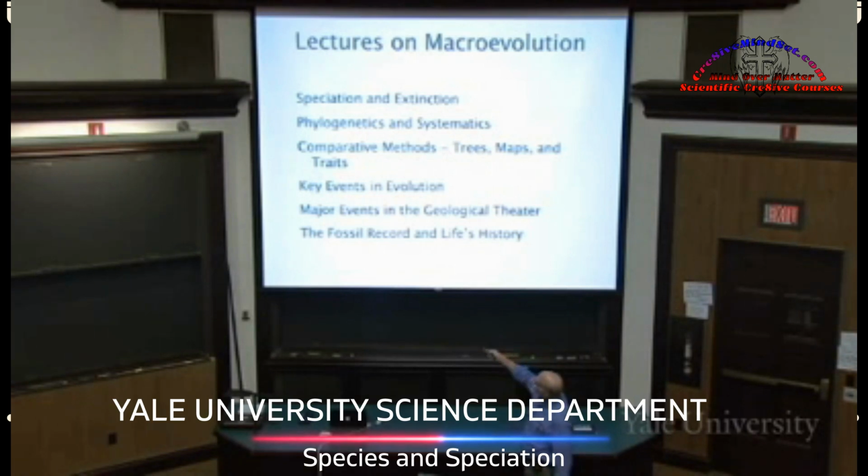Then we have 3 ways of looking at the history of life. The first is more abstract, I think a little bit deeper, and that has to do with key events in evolution: origin of life, multicellularity, language, things like that. We'll have a review of major events in the geological theater.